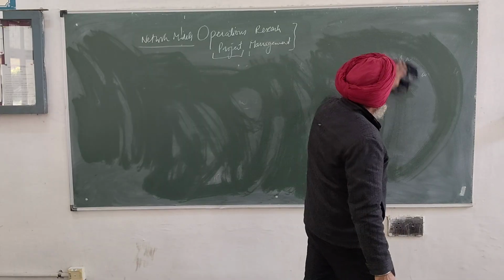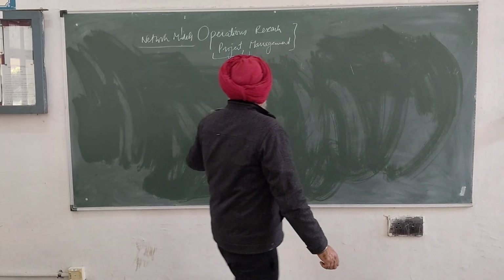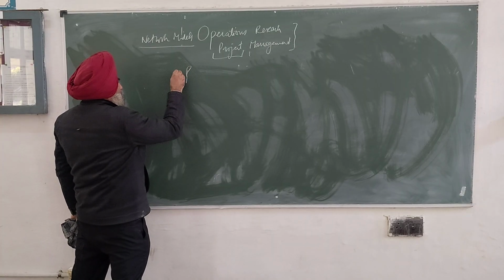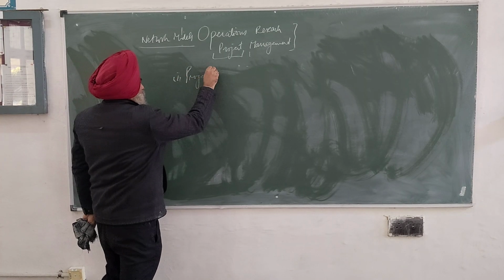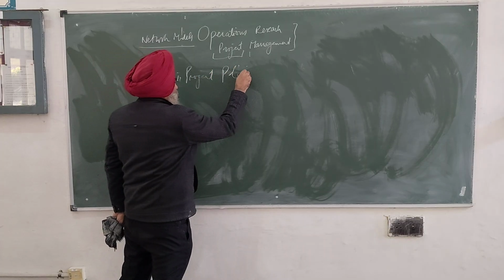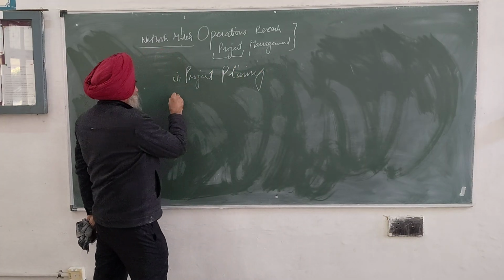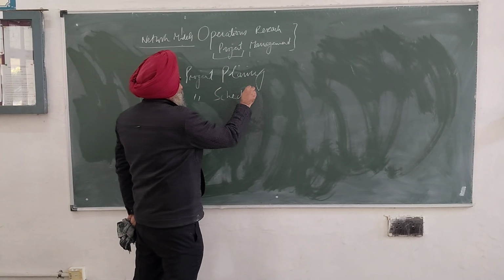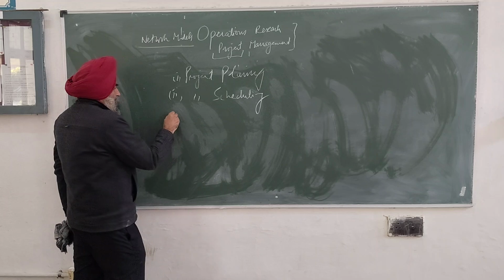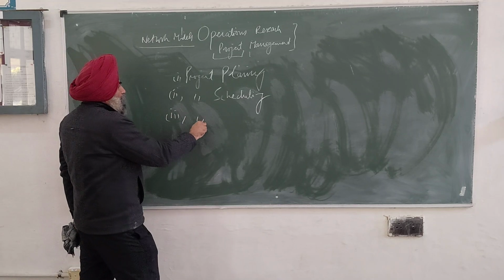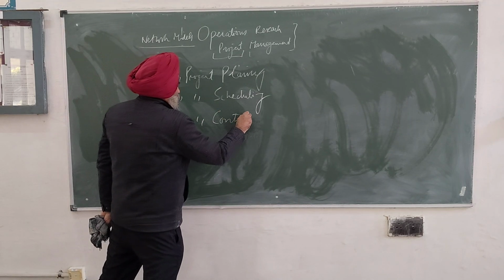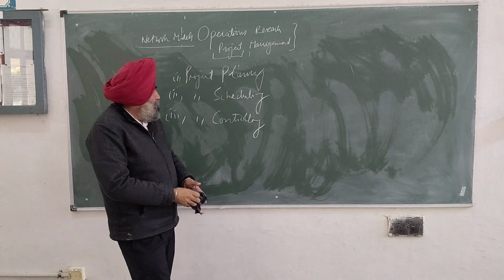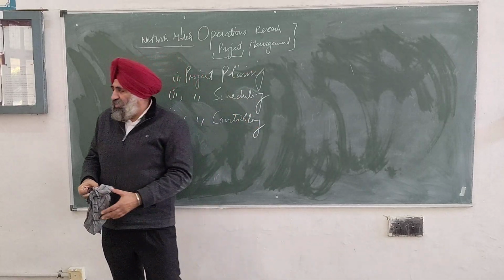The first thing is project planning. The second thing is project scheduling. And the third thing is project controlling. We divide project management into these three parts.